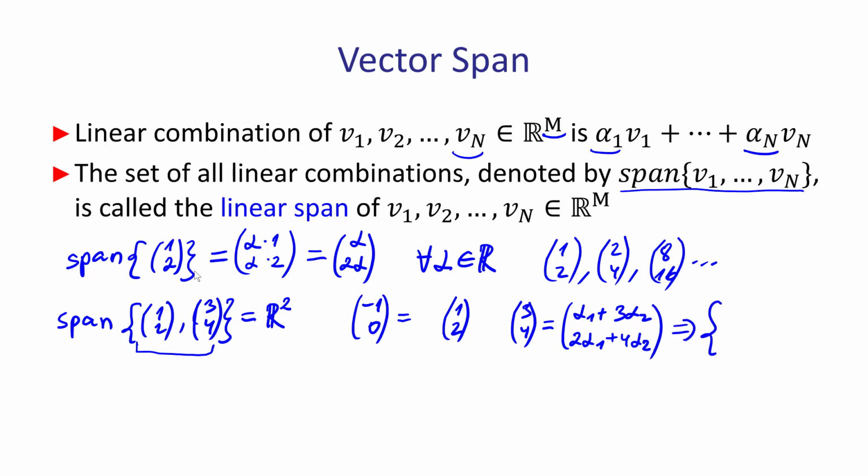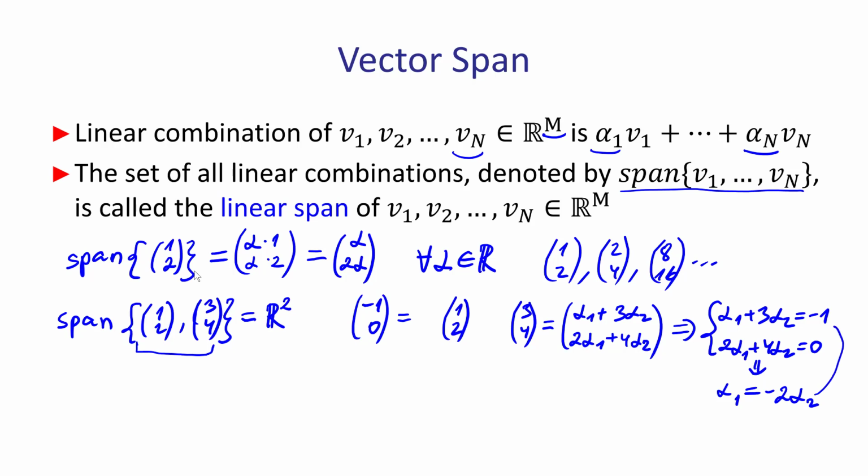From here you have a system of equations. First equation is alpha 1 plus 3 alpha 2 equals -1, and twice alpha 1 plus 4 alpha 2 equals 0. So from the second equation you get alpha 1 equals minus twice alpha 2.